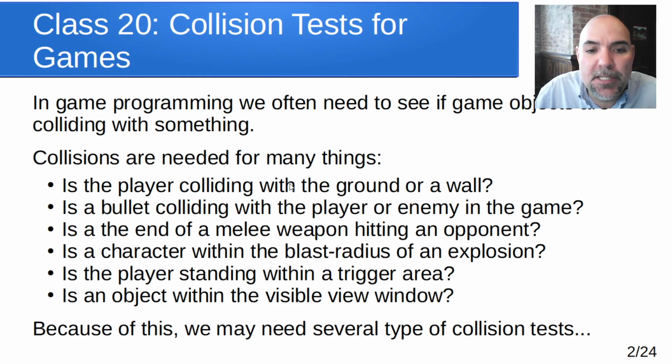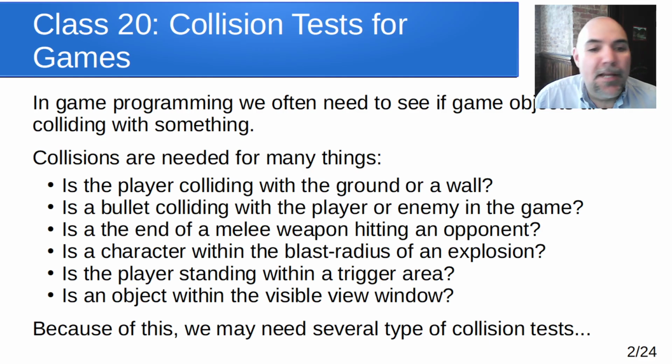In game programming, there are a lot of cases where we need to see if game objects are colliding with something, maybe colliding with each other, or colliding with something in the geometry of the world. Some examples might be: is the player colliding with the ground or the wall? In other words, are they standing on the ground? Did they run into a wall?